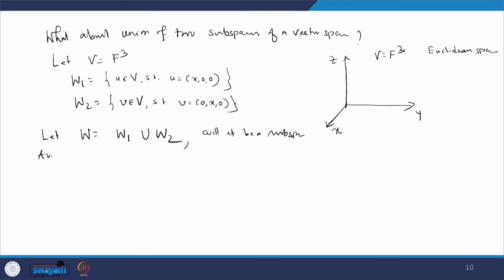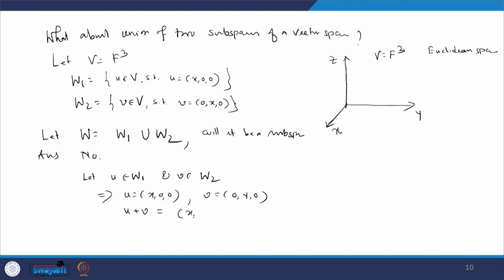The answer is no. How? Let u belong to W1 and v belong to W2. So u is of the form x comma 0 comma 0 and v is of the form 0 comma y comma 0. So u plus v will be of the form x comma y comma 0. This is a point in the xy plane.